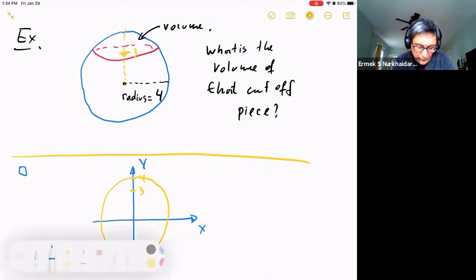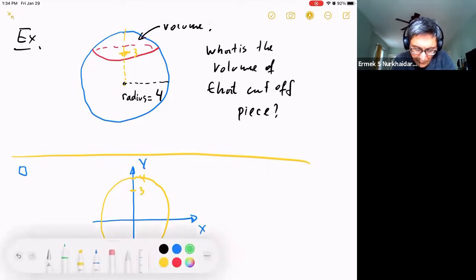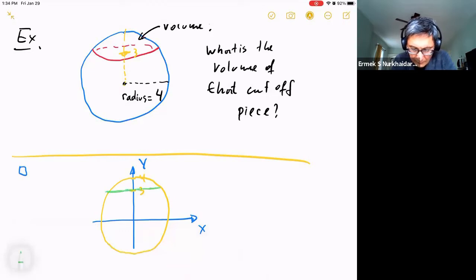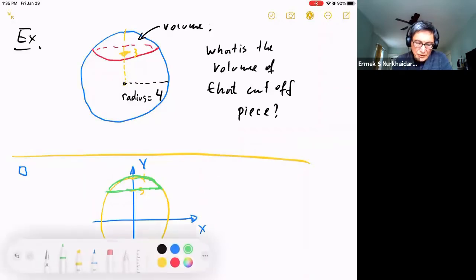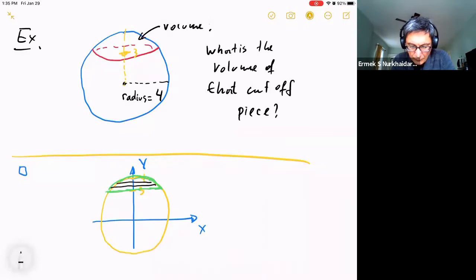And we're interested in finding that piece. Now just imagine that when we start doing the cuts, the shadows are going to be here. It's again a projection on the XY plane. So those are the traces on the XY plane.